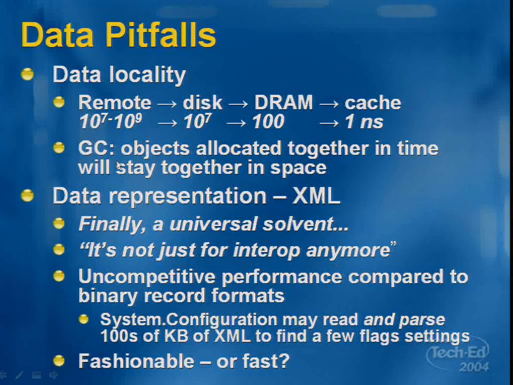And by the way, talking about that, the garbage collector, because it allocates objects from these contiguous free areas, will tend to put new objects together in contiguous memory addresses. And because when it slides live objects down, it doesn't reorder them, that gives you the nice property that data that's allocated at the same time will stay together in the same memory addresses. And sometimes you can use that trick to get some things packed on a cache line that you can't otherwise do.